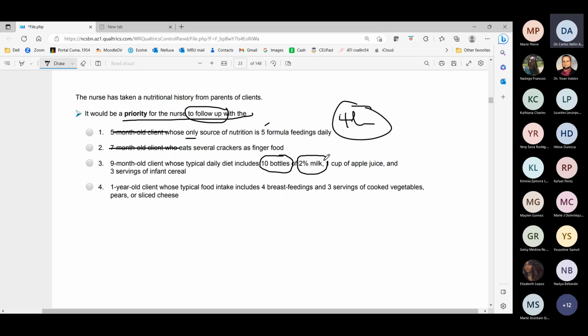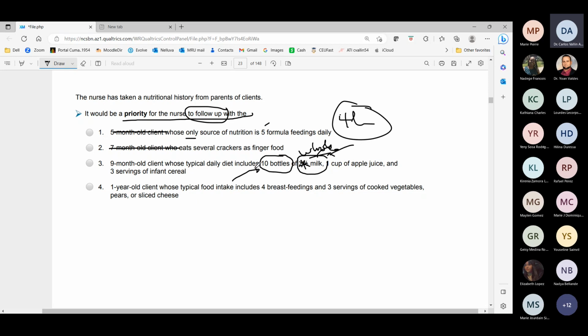Cow milk is not healthy for infants, so they should not consume any kind of cow milk or animal milk different from human milk or formula. After 1 year, they can have cow milk, but it needs to be whole, cannot be fat decreased. This 2% is a no. So only with this detail, it is not good.